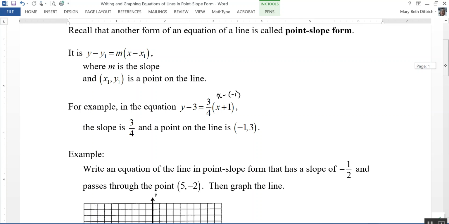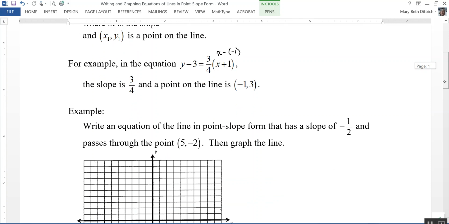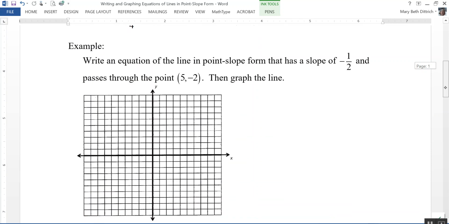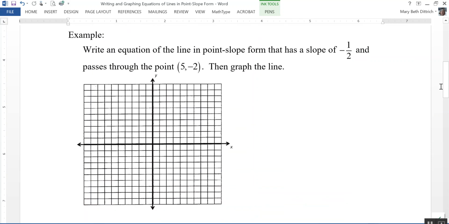So let's take a look at an example here. We need to write an equation of a line in point-slope form that has a slope of -1/2 and passes through the point 5, -2, and then graph the line. So y minus y1 equals m times x minus x1. -1/2 is my slope. x1 is 5. y1 is -2.